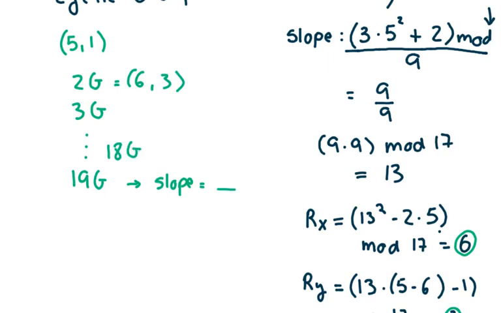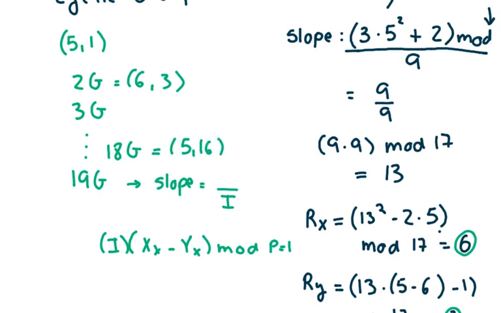But then that would be divided by some number I, which satisfies the equation the x-coordinate of point x minus the x-coordinate of point y modulo p is equal to 1. But in this case, 18G is equal to 5, 16.